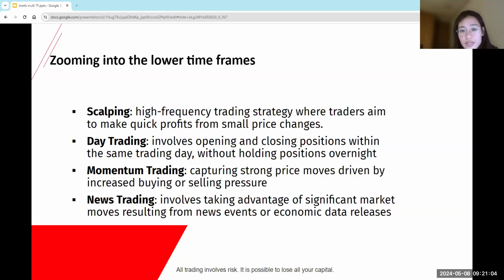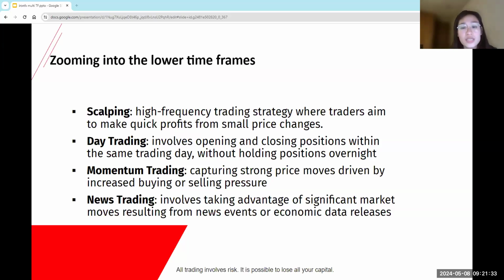For momentum trading, this focuses on capturing strong price movements driven by increased buying or selling pressure. So traders will look for assets that exhibit significant price momentum and enter positions in the direction of the prevailing trend. So this kind of momentum trading relies a lot on the technical indicators that focus on your momentum.